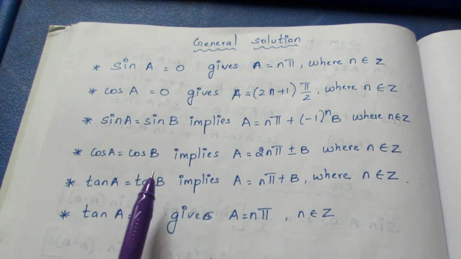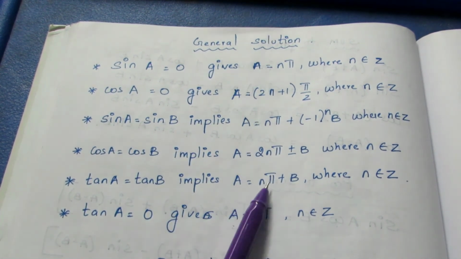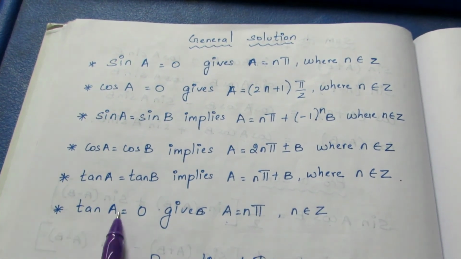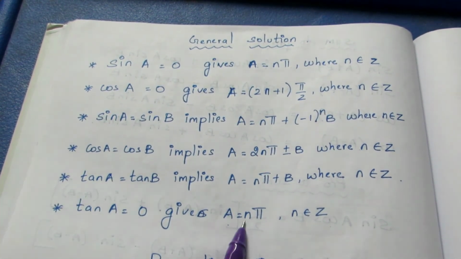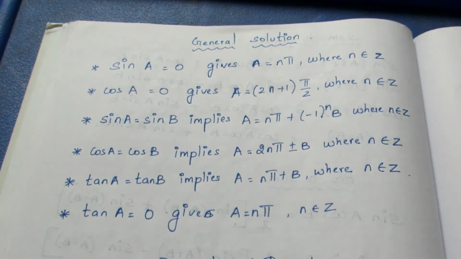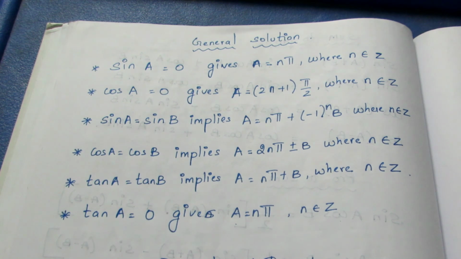Similarly, tan A equal to tan B implies A equal to n pi plus B where n belongs to integers. Tan A equal to 0 gives A equal to n pi where n belongs to integers. These are the general solutions. That's all with the trigonometric formulae for this year. Thank you.